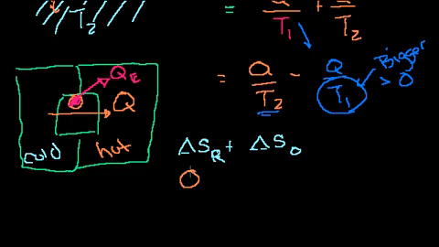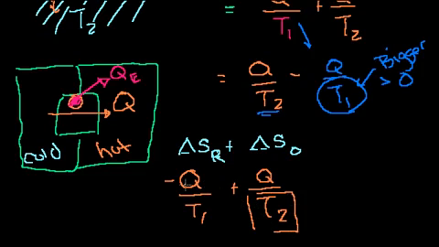It's giving away some Q at some temperature T1, so that's a minus. And then the outside is gaining some heat at some temperature T2. And so you'll immediately say, hey, this number right here is a smaller number than this one, right? Because the denominator is higher. So if you just look at this, it would be negative entropy.